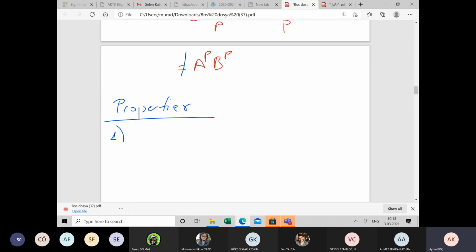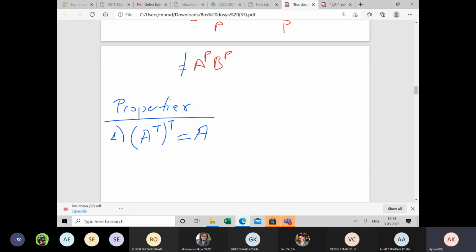The first one: what can you say about the transpose of the transpose? Take the transpose of A, interchange rows and columns, and then take the transpose of the result matrix. It gives A itself. Okay, A, you are right.